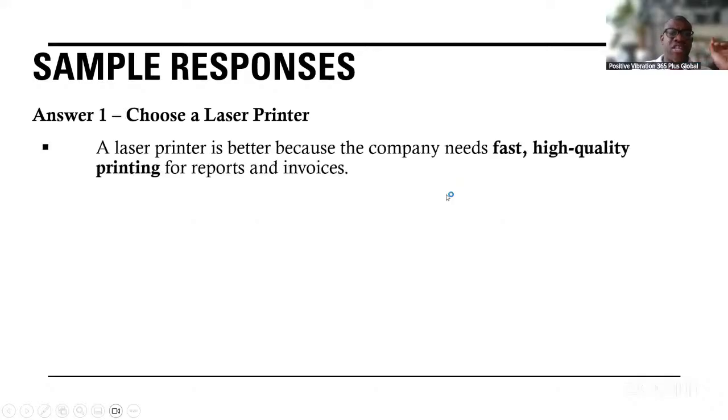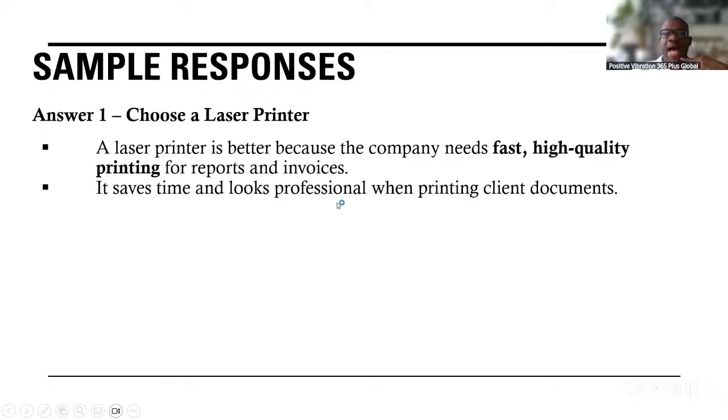If this was marked out of 4, you'd get 1 point if you defend it well. A laser printer is better because the company needs fast, high quality printing for reports and invoices. You have ignored the rest of the question, so that's probably 1 or 2 points out of the 4. You could also say it saves time and it looks professional when printing clients' documents.